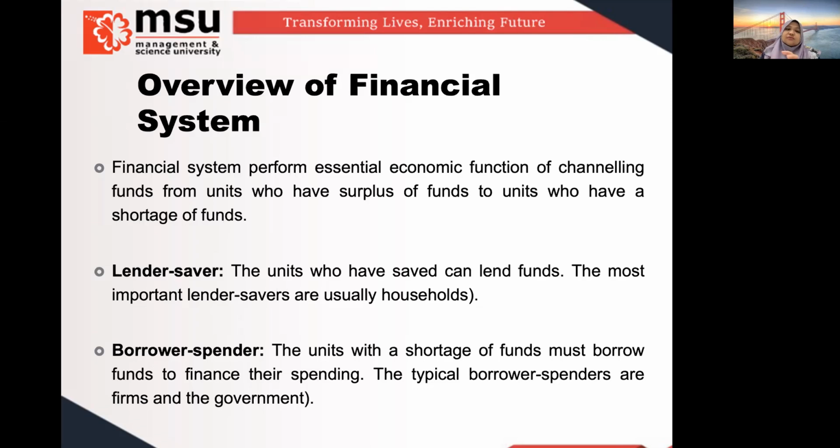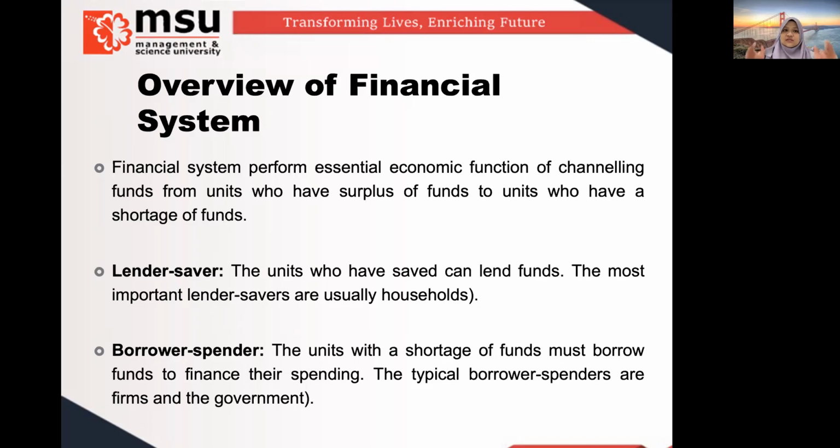All right. So who are the borrower? Borrower is a person who has shortage in fund, where they need money to spend. So basically where they can get the fund is through financial intermediaries.